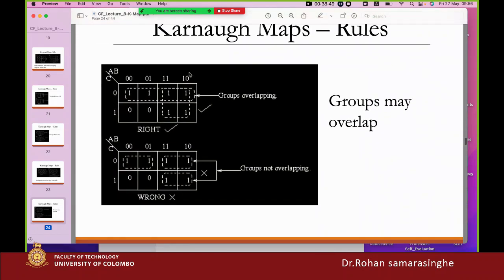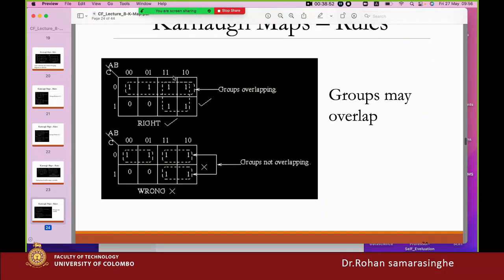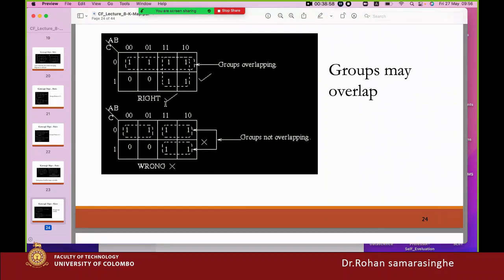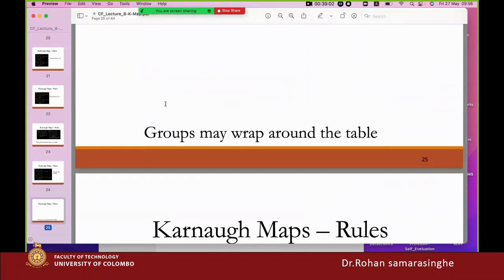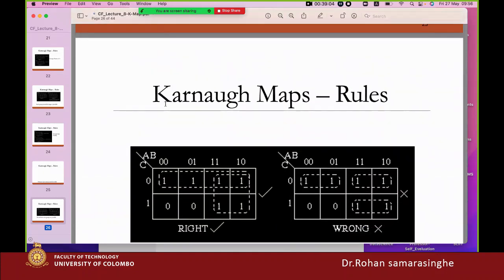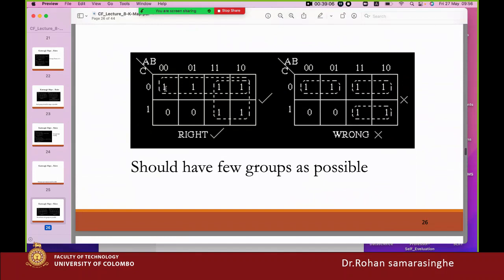Also groups may overlap, that means these two are used, this group and this group. And groups may wrap around the table. Group may wrap around the table means by getting the corners. For an example, consider that there is a K-map that has the value 1, 1 and this also 1, 1.